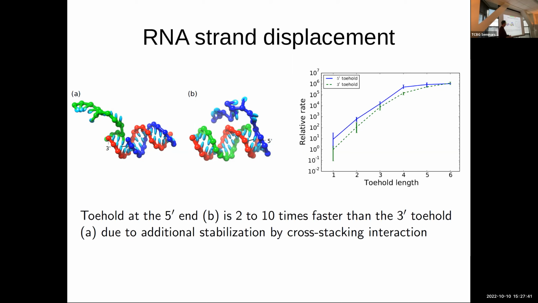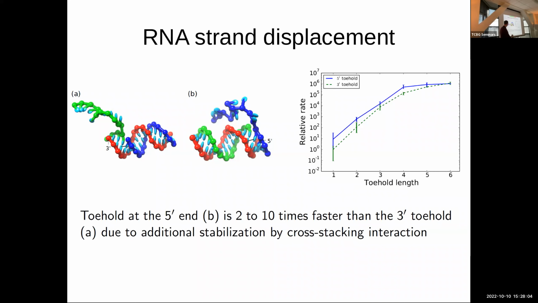So in that case, the only limiting step is the time it takes you to diffuse and find a binding partner. And then at normal concentration, at least, the time it takes you to kick out the incumbent strand is negligible compared to the time it takes you on average to diffuse and find the binding partner. So this is why the speed doesn't increase anymore.